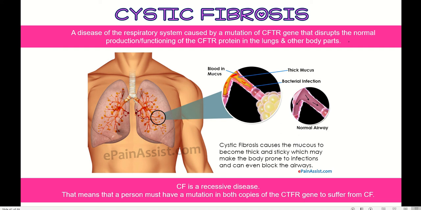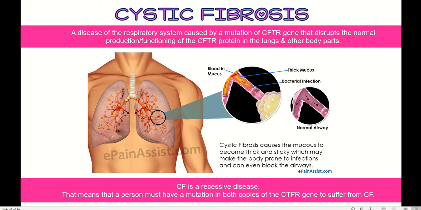So the person who has received a mutated recessive gene cannot show this because there is a dominant trait. The person is healthy. So that's the law of dominance as discussed by Mendel. But a person who has one mutated allele but doesn't show cystic fibrosis is known to be a carrier.